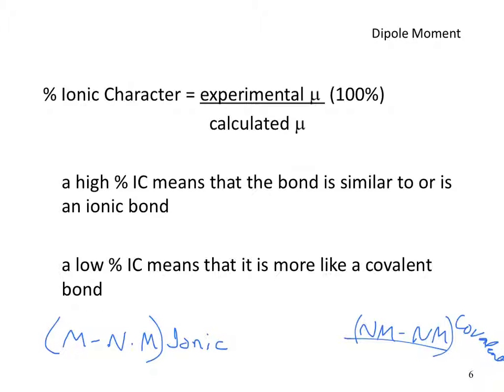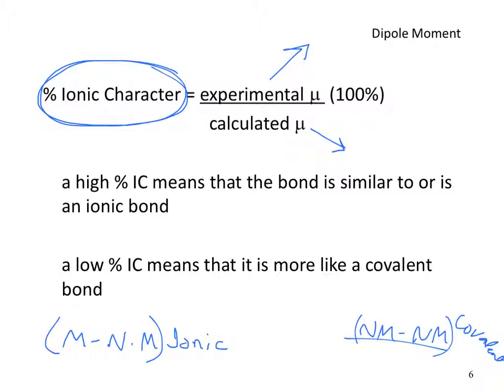That is measured as a percent ionic character, which is determined by first calculating the experimental value of mu. That's an experimental value that an experiment would be run to determine. And then we would plug in the calculated theoretical value of the dipole moment and determine that percentage ionic character.